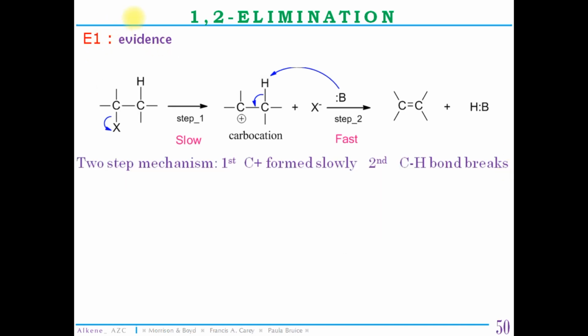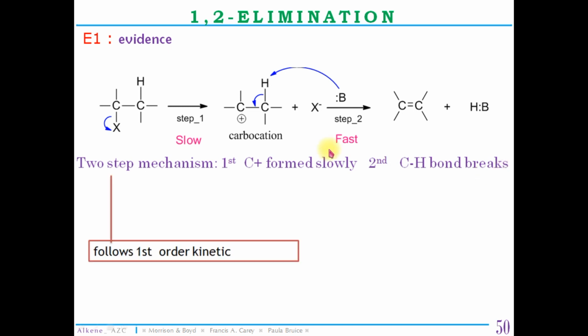Evidences in the E1 reaction: we have two steps, where in the first there is formation of carbocation, and in the second step there is CH bond breaking.